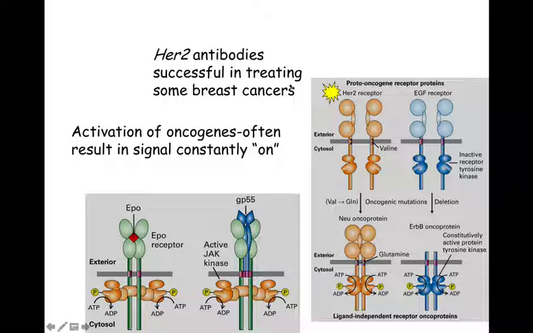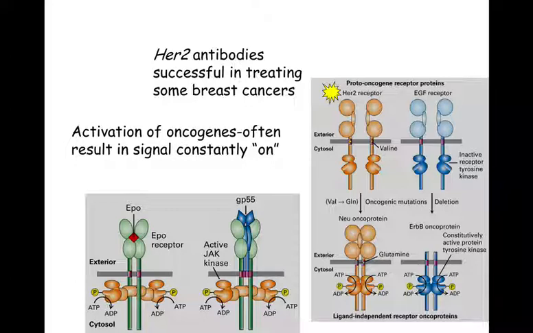Because this is a well-known mutation in female breast cancers, there have been targeted biologics, monoclonal antibodies, developed as treatment against breast cancers, and they've been really successful in treating some breast cancers.